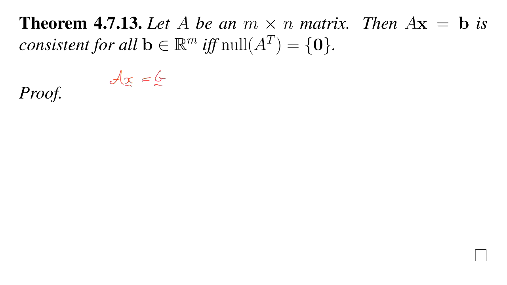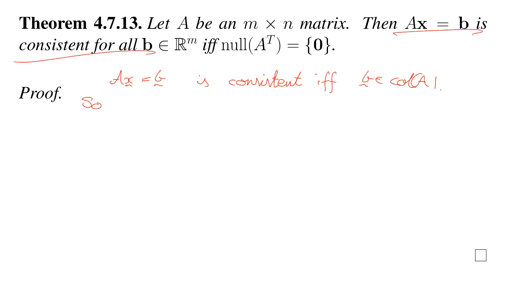Okay, so Ax equals b is consistent if and only if b is in the column space. So we're considering the case where the system is consistent for all b.